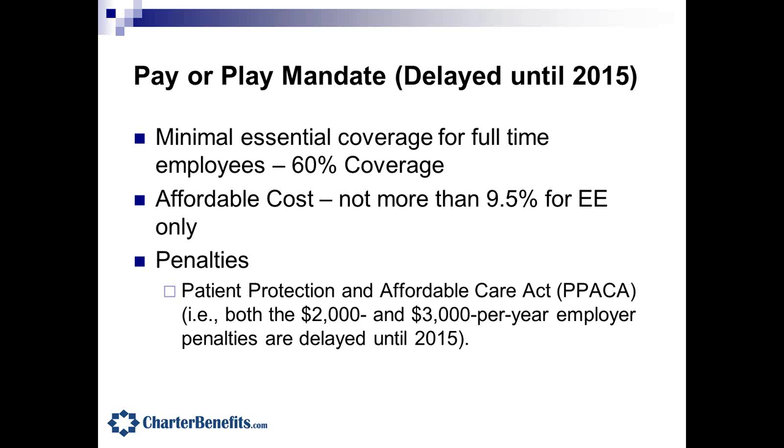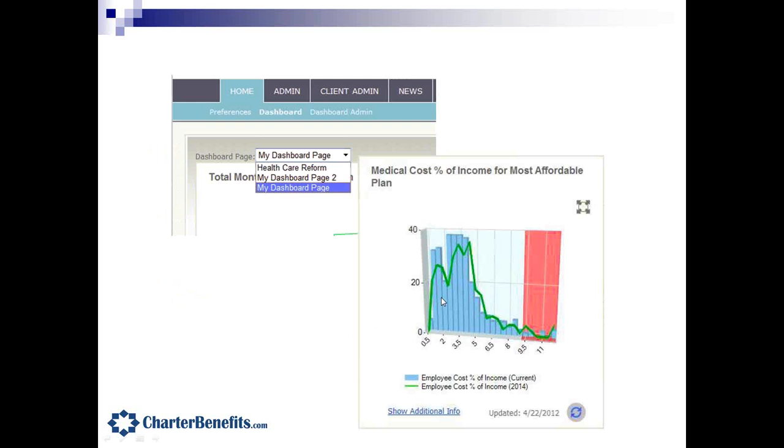Penalties. These are the penalties, which again are delayed until 2015 now. For the Patient Protection and Affordable Care Act, $2,000 and $3,000 per year are the employer penalties. This is a chart that we could set up on your dashboard.